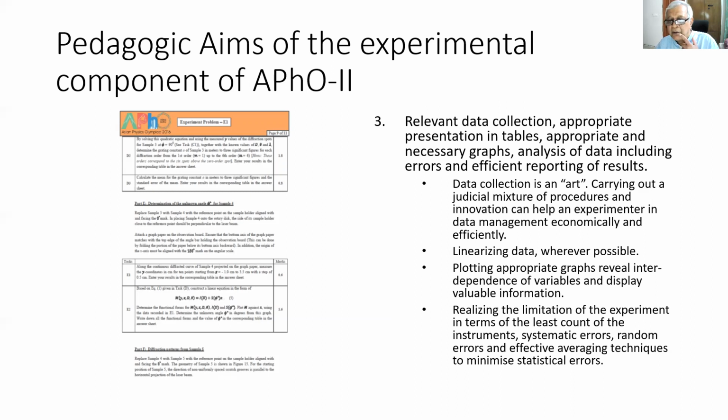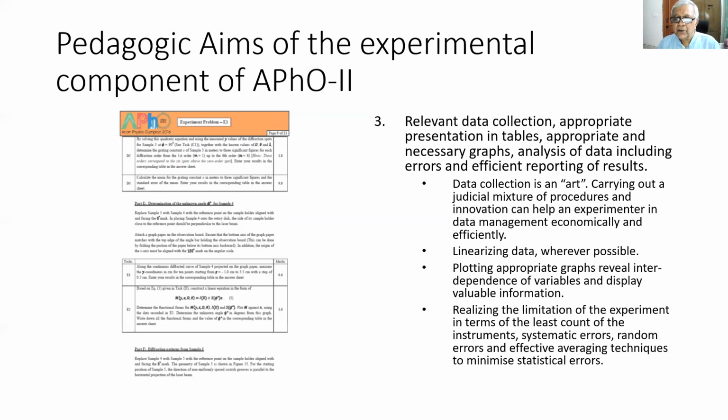Why? Because whenever the data can be linearized, then of course straight line graphs reveal interdependence of variables and display valuable information. Plotting a straight line graph is much simpler than plotting curves. And of course, the last part of any data analysis would be to realize the limitations of the experiment in terms of least count of the instruments, systematic errors, random errors, and effective averaging techniques to minimize statistical errors.